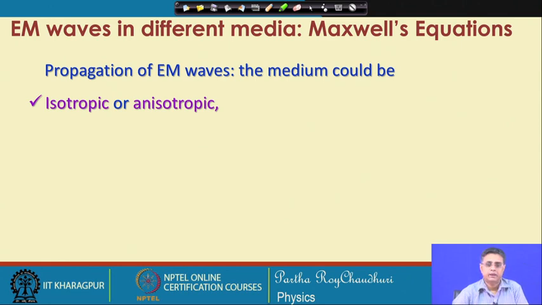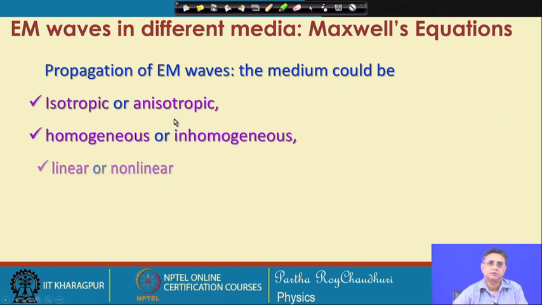If the behavior of the material in terms of the permittivity, or more particularly the refractive index, depends on the direction of propagation of the electromagnetic waves, then the material is called an anisotropic material. So, there are two broad varieties of materials, homogeneous and inhomogeneous.